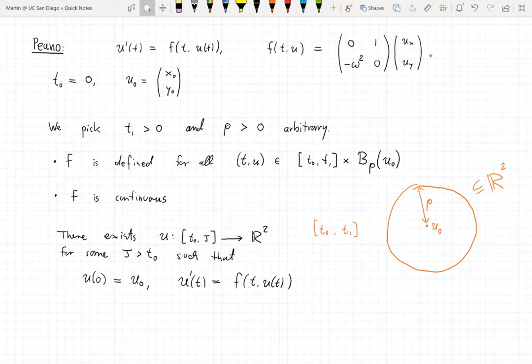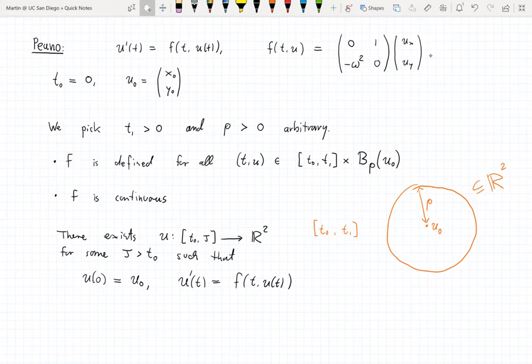Okay, to apply the Peano existence theorem, we also need to pick an end time. We go from time t0 up to time t1. And we also need to pick some radius rho around the initial vector u0. In this case, you can pick some completely arbitrary, since the function f is defined everywhere.